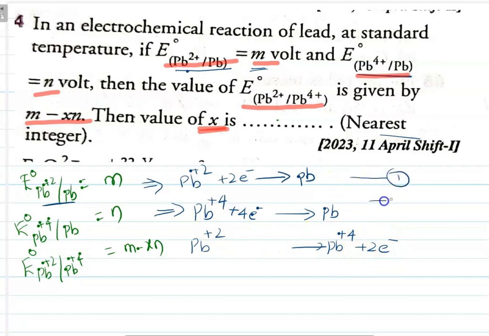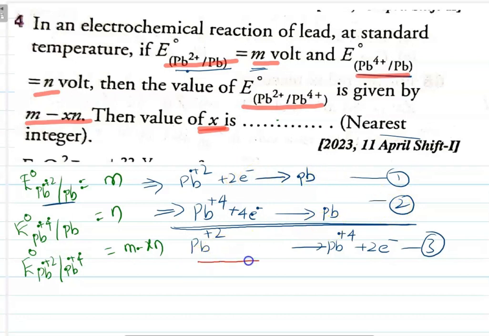So equation number 1, equation number 2, equation number 3, as we have done in the last case also. We need to get equation number 3 from equation number 1 and 2. Either we can get it from 1 minus 2, or 2 minus 1, or 1 plus 2, like this you need to solve. We don't want Pb in the final equation, so you can just subtract it, minus Pb will get cancelled.